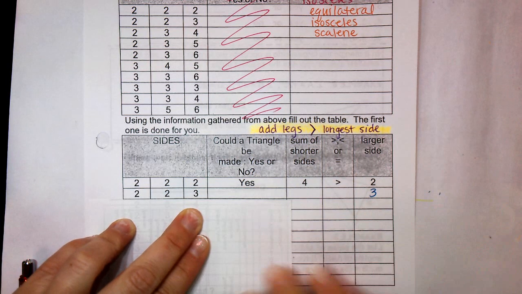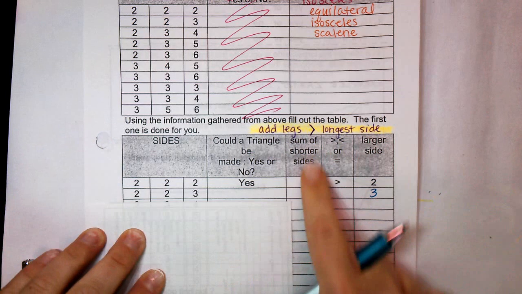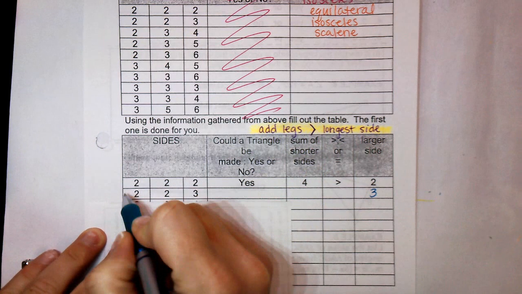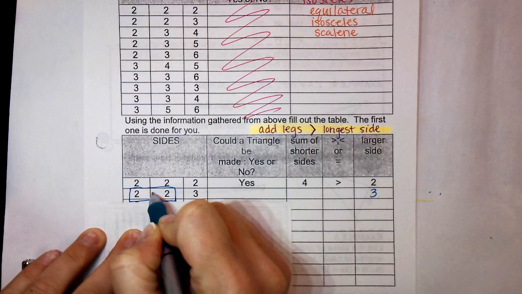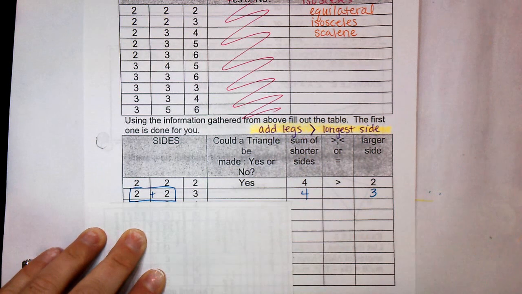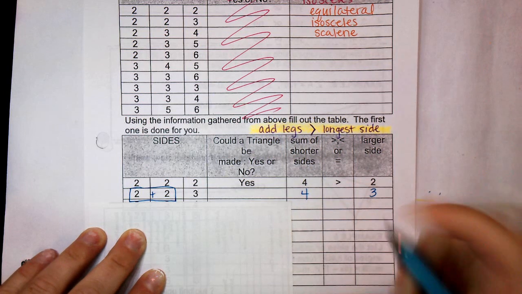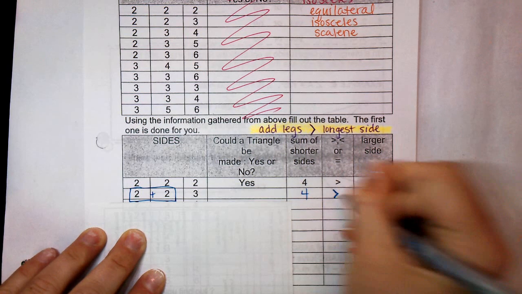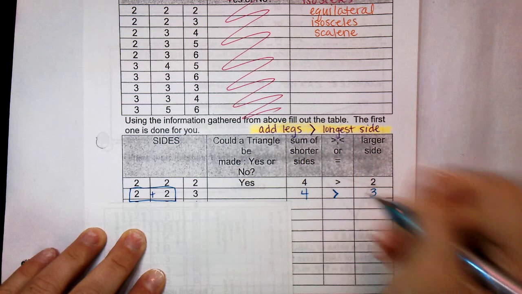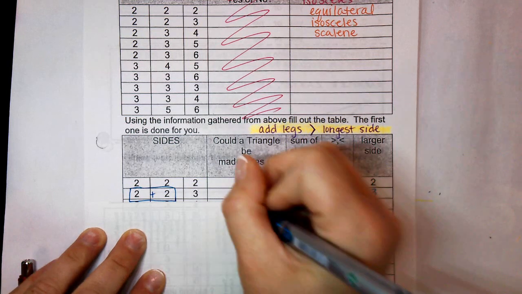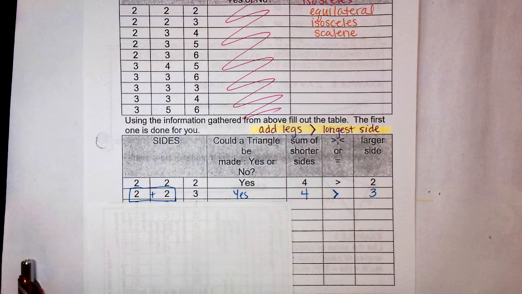Then it tells me I have to add the sum of the 2 shorter sides. So what is 2 plus 2? 4. So 4 goes in this box. Now, is 4 greater than, equal to, or less than 3? Since it is greater than, do I have a triangle? Yes. All right. That's the process.